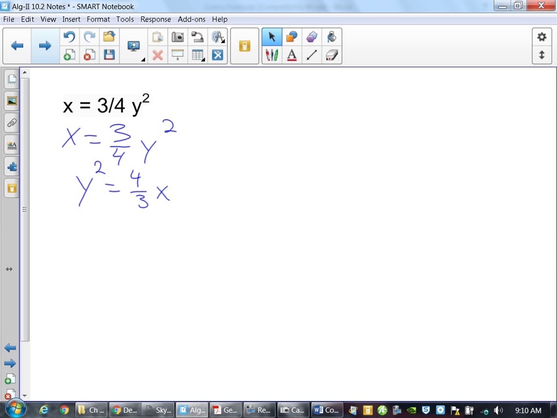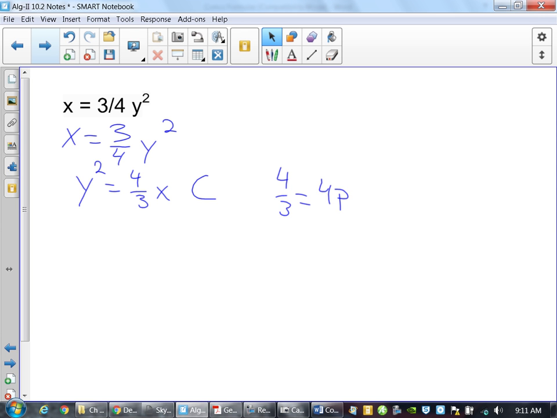What does that 4/3 represent? It's 4p. Now, first of all, does this open up, down, left, or right? It's going to open to the right. It's y squared, and it's positive, so I know it's going to have to do this. So now I take the 4/3, and I set that equal to 4p. How do you undo multiplying by 4?